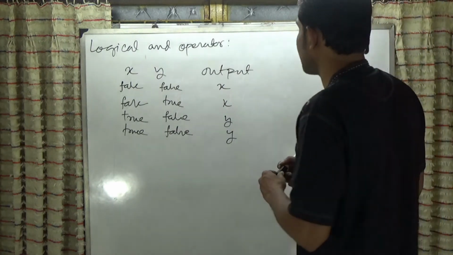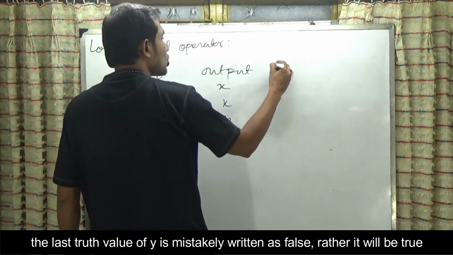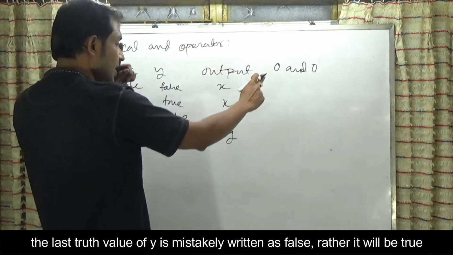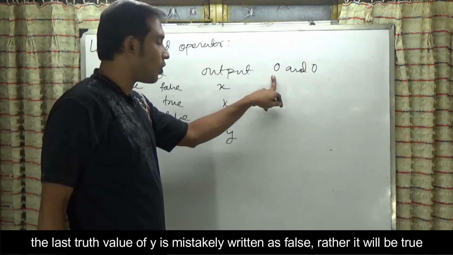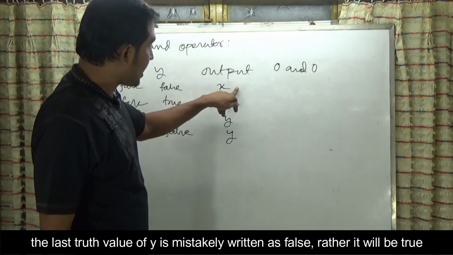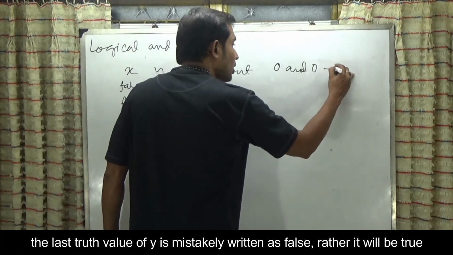So I am going to take an example. Suppose I check 0 and 0. The truth value of 0 is false, so it returns the value x, so the output is 0.